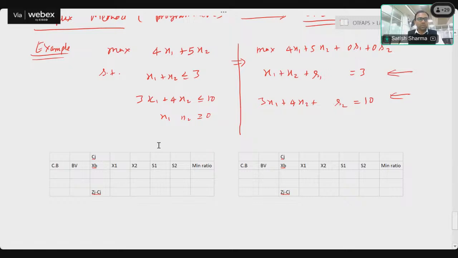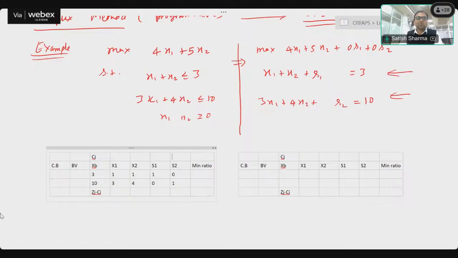Equation 1 is here. It is equal to 3, the multiplier of x1 is 1, the multiplier of x2 is 1, s1 is 1, and there is no s2 in equation number 1. So this is what we have for equation number 1. The second is equal to 10, and 3, 4, 0 and 1. I think this is understood by all.